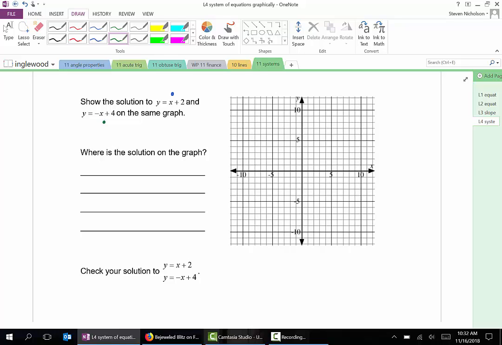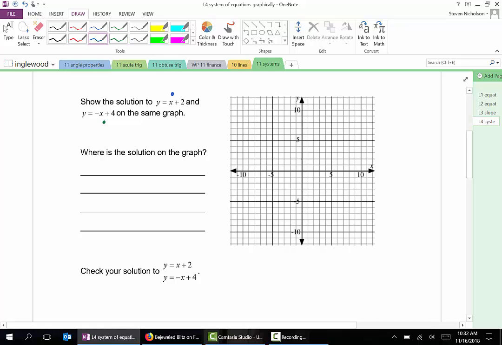I'm going to just do a bunch of dots. I can't do a line on here with a ruler, so you'll see what's happening. But again, I recommend you do this with a ruler.